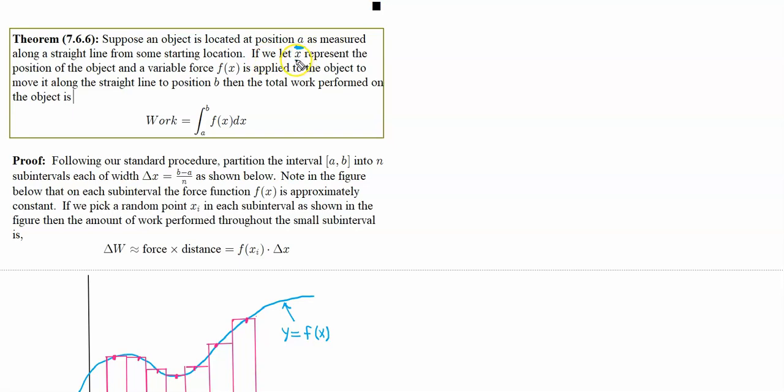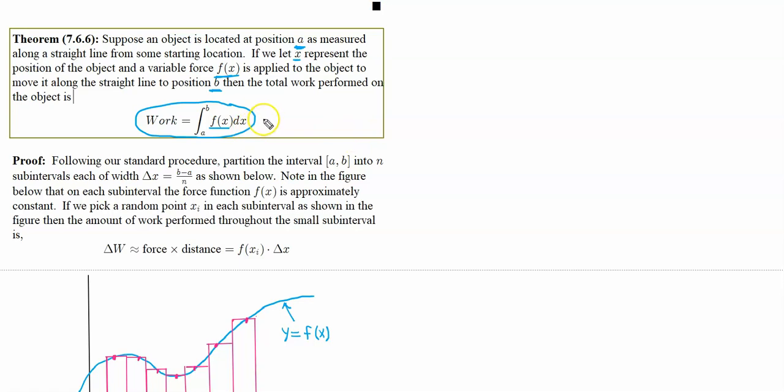If we let x represent the position of the object, and a variable force f of x is applied to the object to move it along a straight line to position b, then the total work performed on the object is given by the definite integral from a to b of your force function.